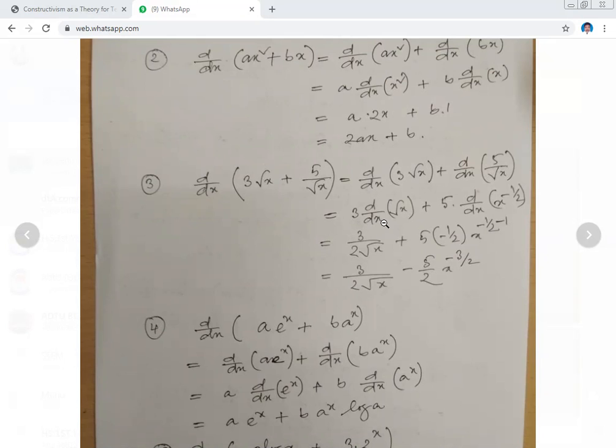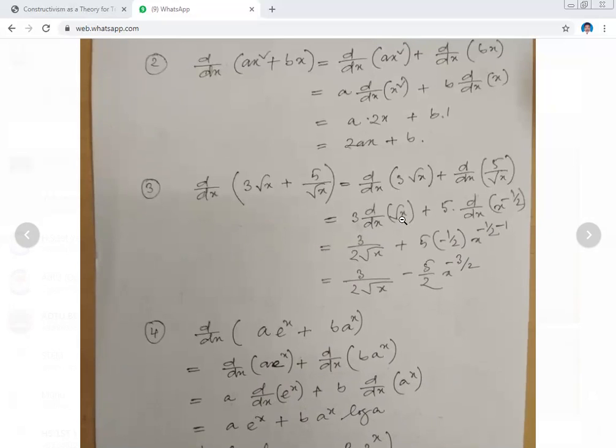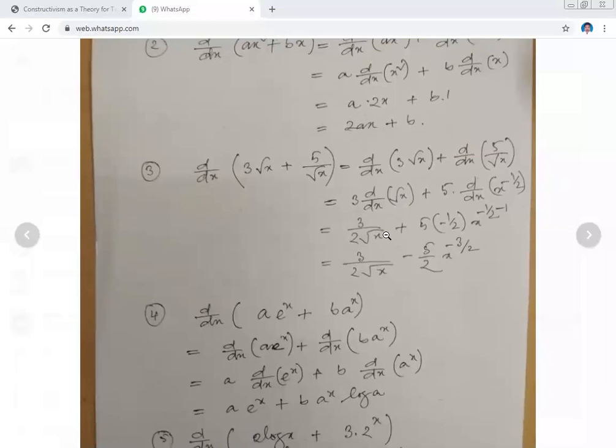You can also remember this as a formula: d/dx of root x is 1 by 2 root x. With the x to the power n formula, root x means x to the power half, so n is equal to half. Then d/dx of root x is 1 by 2 root x.